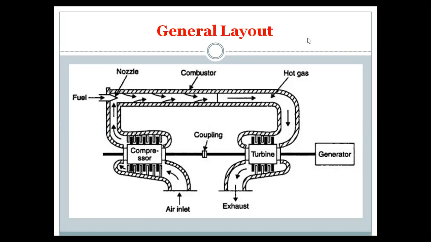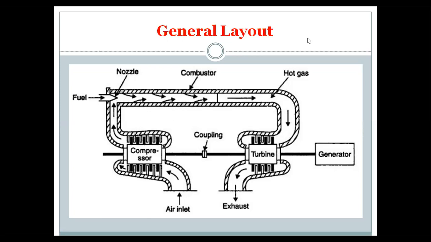Now we are going to the working of this simple gas turbine plant. The working fluid is compressed in our compressor. Generally, the compressor is a rotary and multi-stage type. After compression, that compressed air is transferred to the combustor.